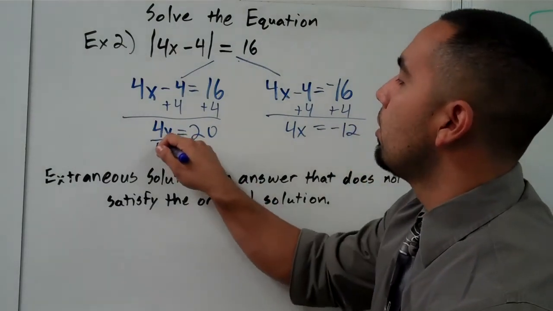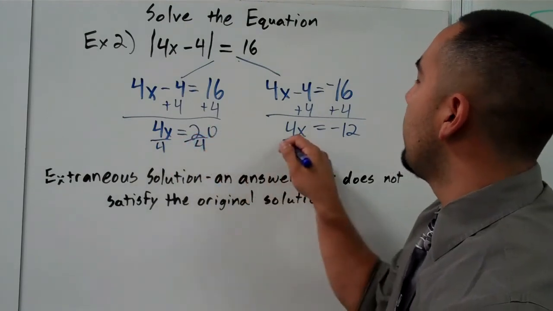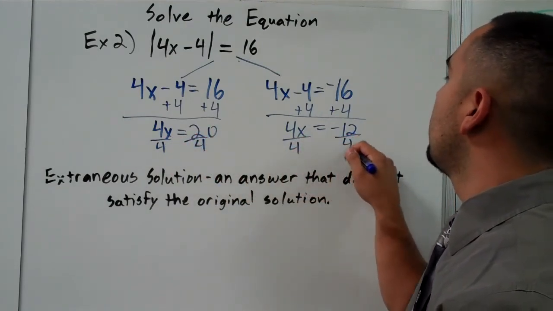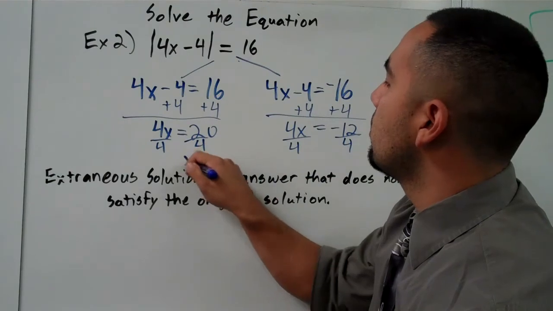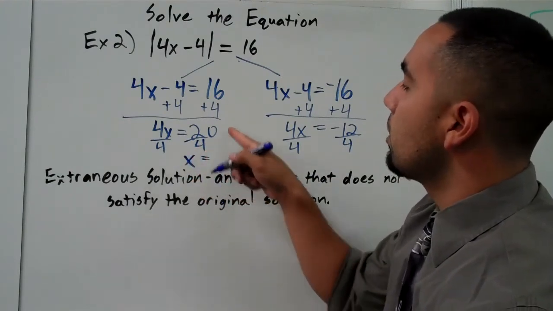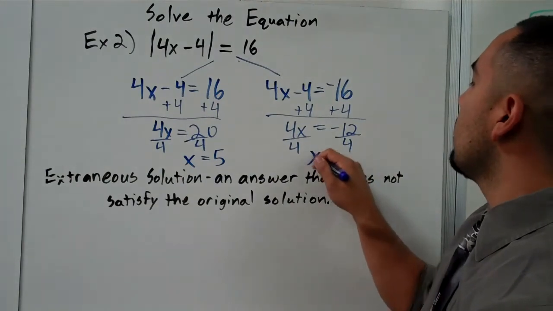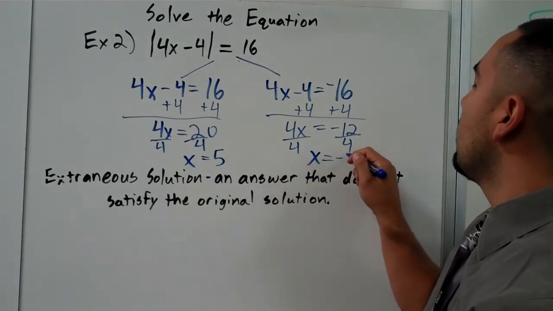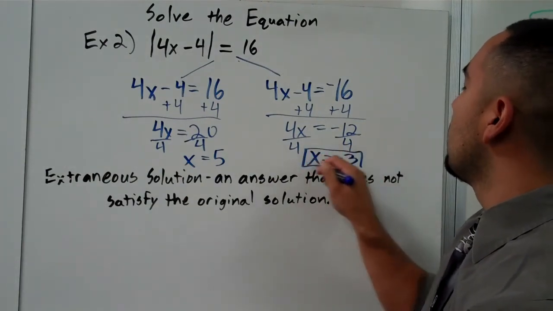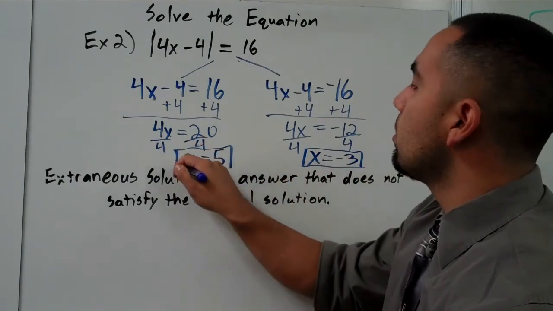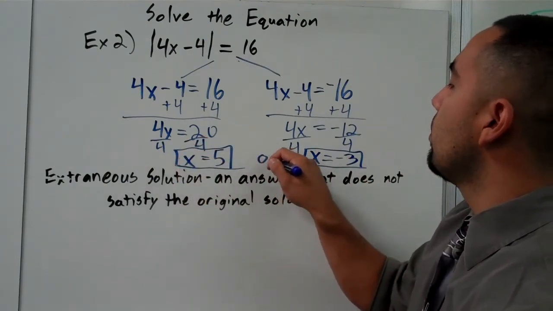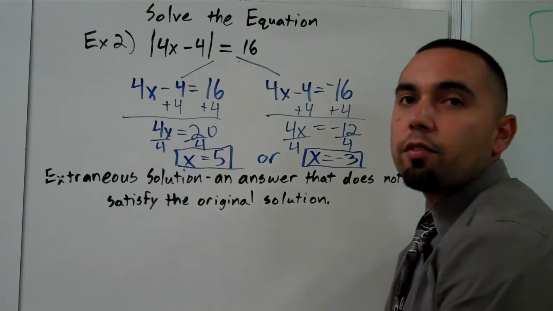Divide by 4. Divide by 4. In both cases, in this case, I get x equals 5, and in this case, I get x equals -3. So my solution is x equals 5, or x equals -3.